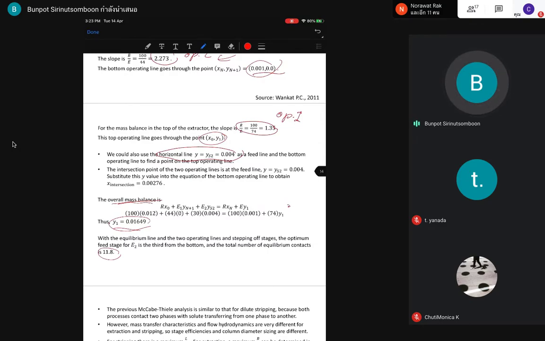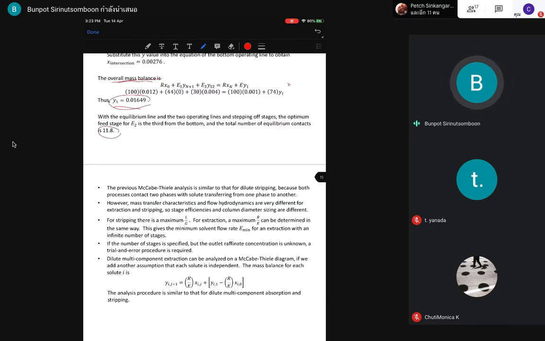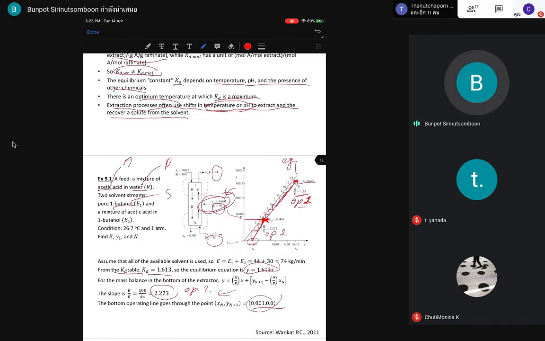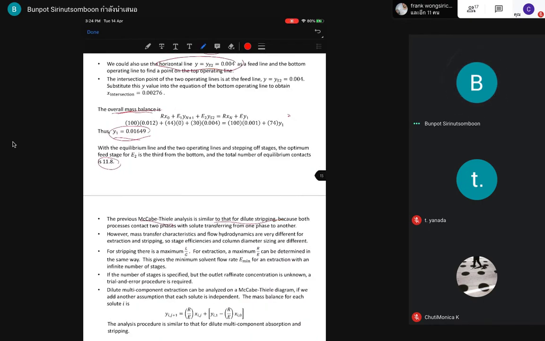The McCabe-Thiele method is similar to dilute stripping from the last chapter. In this case, you can see that the equilibrium line is above the operating lines, just like in stripping.